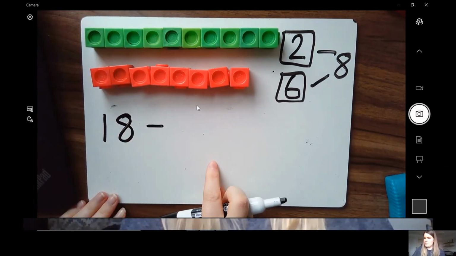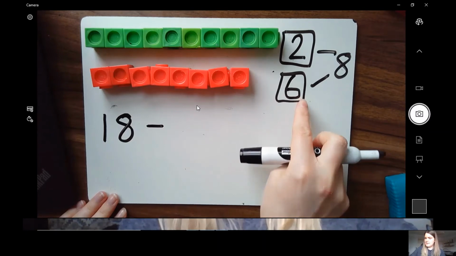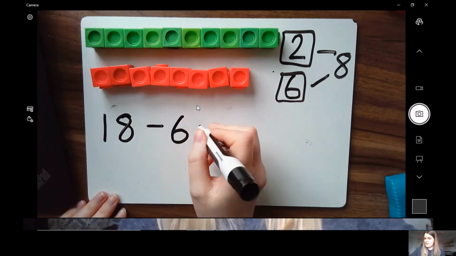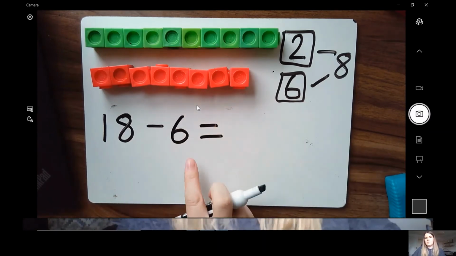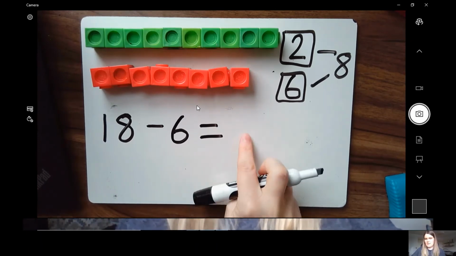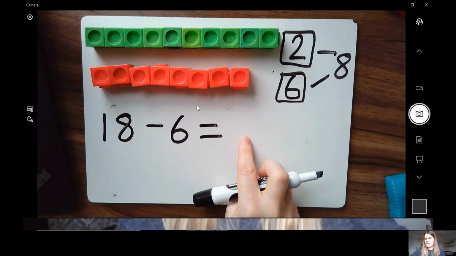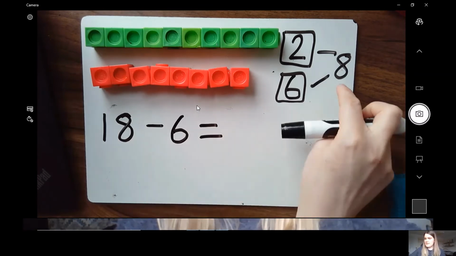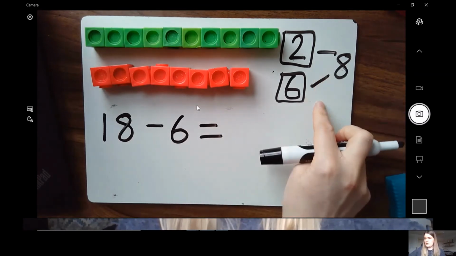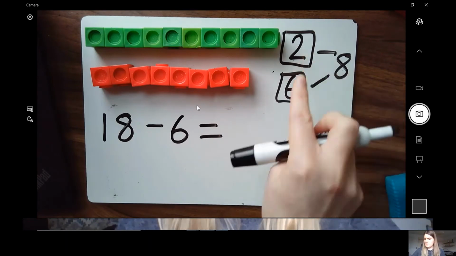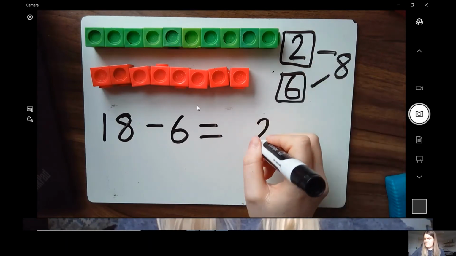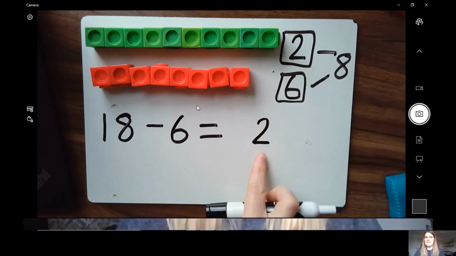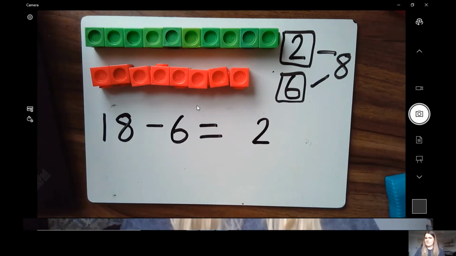What number should we minus? Let's minus 6. 18 minus 6. Using my number bond knowledge, I should be able to figure out what the missing number is going to be. If 8 is 6 and 2, the number I need to move is the 2. 18 minus 6 is 2. Well, that doesn't look right.